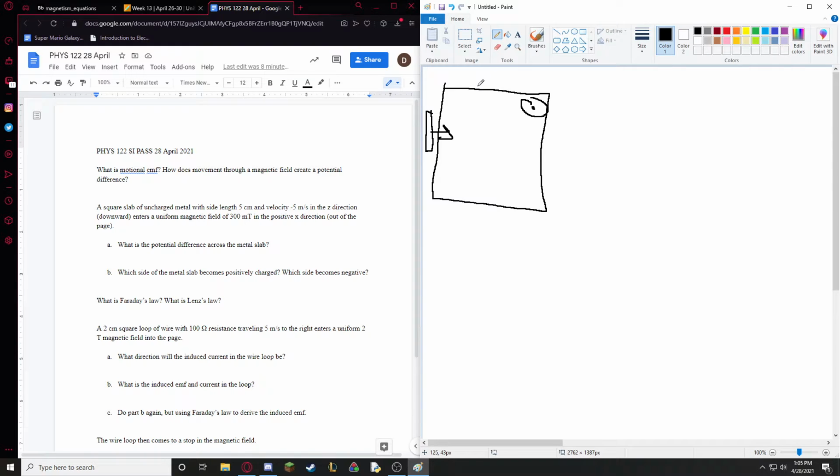Remember our right-hand rule for magnetic force? Would it be to the left? Nope.